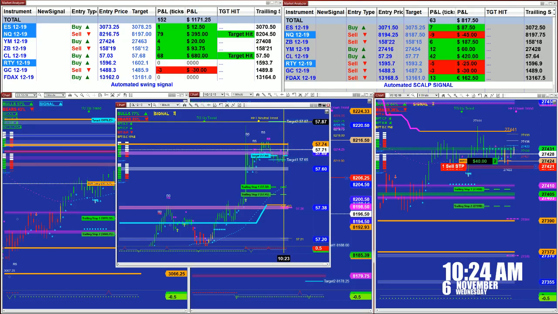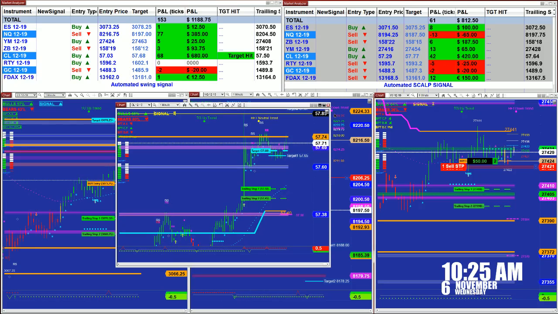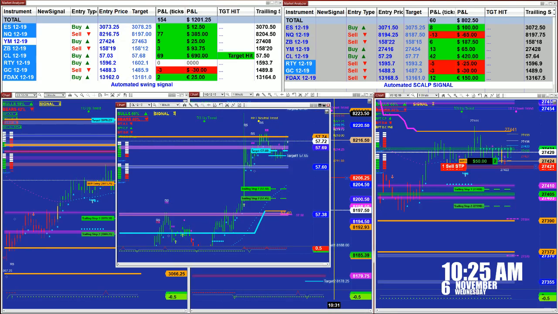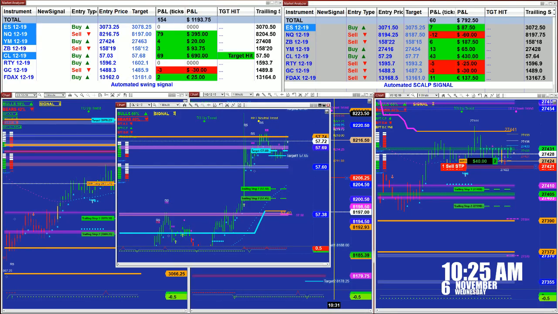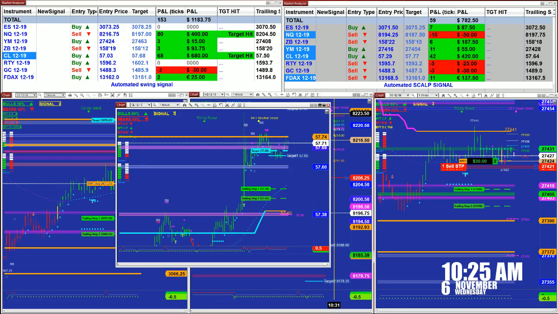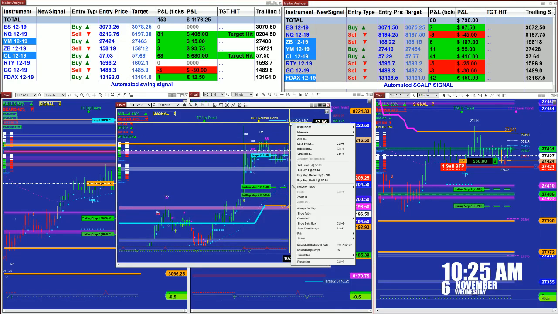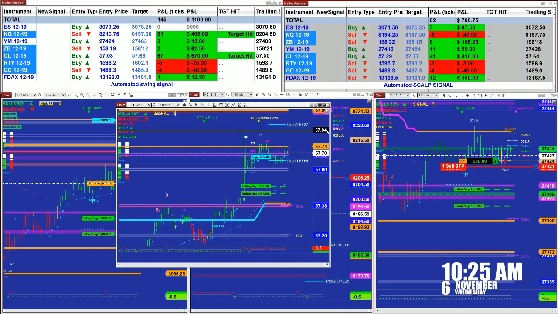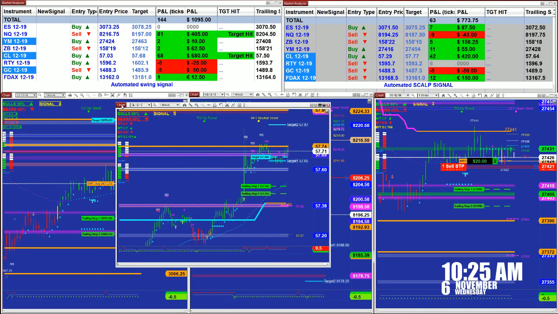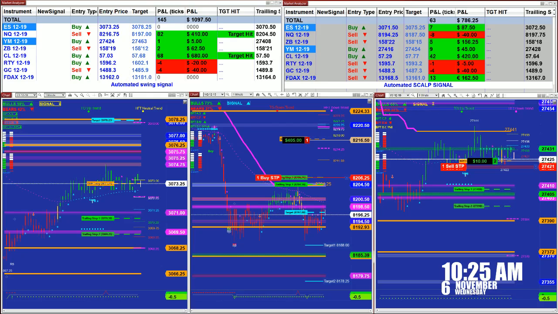Target 2 is 57.87. And I'm not interested in taking a long on the ES. Actually, the CL should be short from target 2 here. This is a short area. But don't do anything. Let's wait till the crude oil comes out, and then we start making decisions.